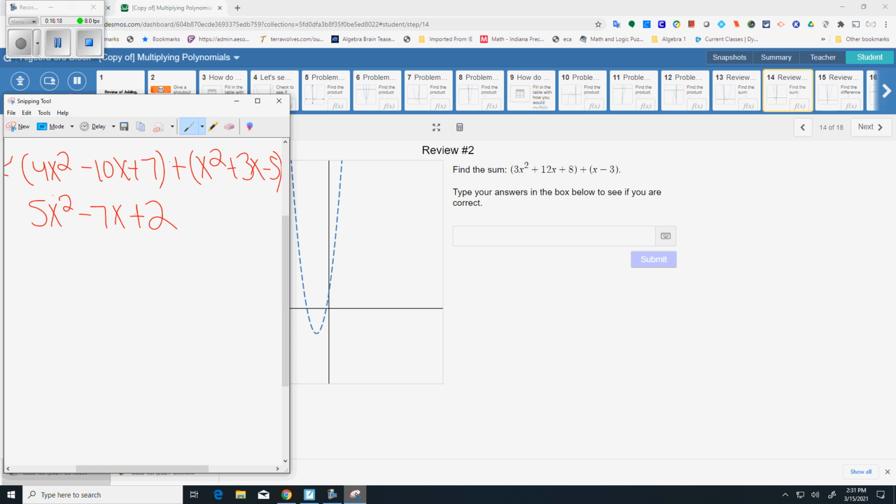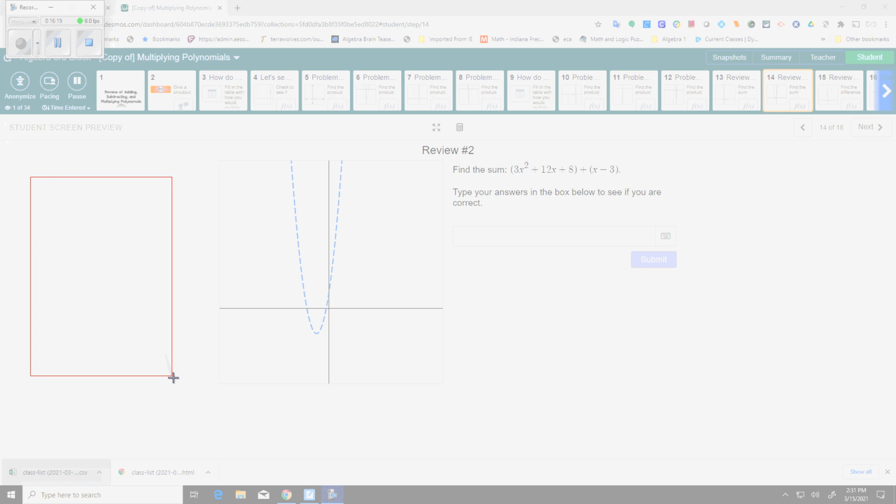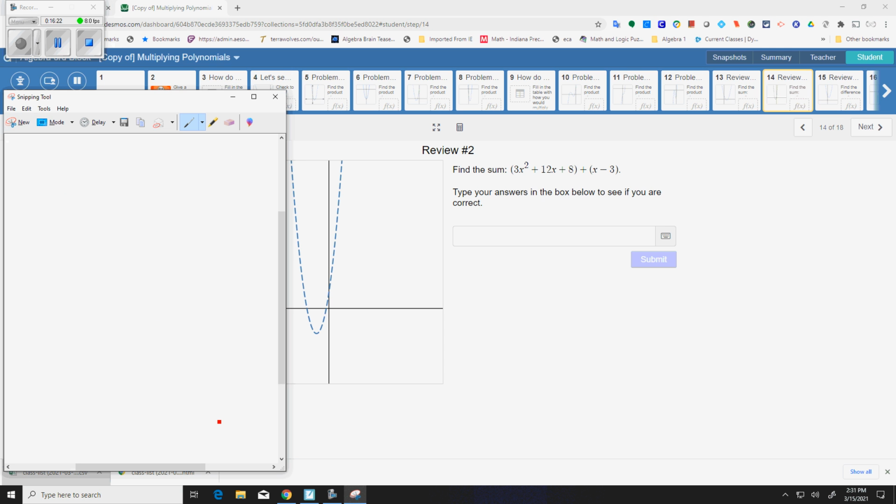So then on this one, we're doing 3x squared plus x plus 8 plus x minus 3.